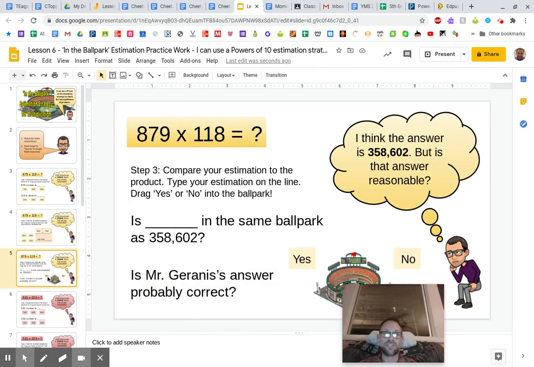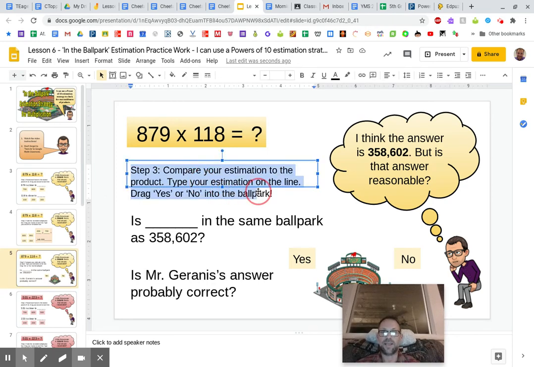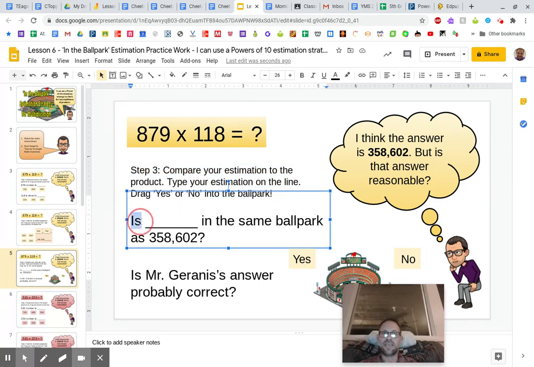And then finally, in the third step, on this last slide of this yellow section, step 3 says, compare your estimation to the product. And that is step 3 from the lesson, isn't it? Type your estimation on the line and drag yes or no into the ballpark. So the first question here says, is blank, and blank is the answer you gave in the previous slide.